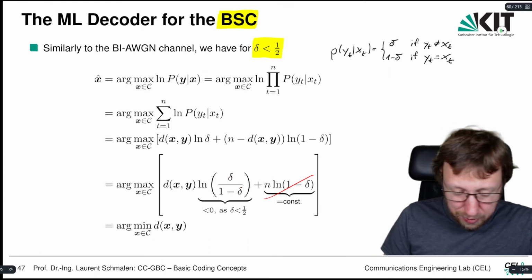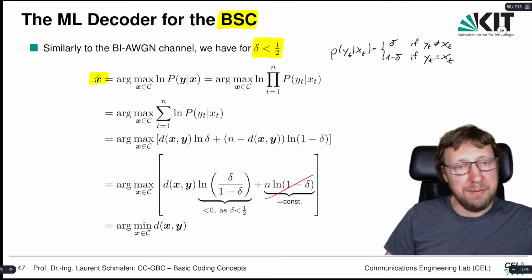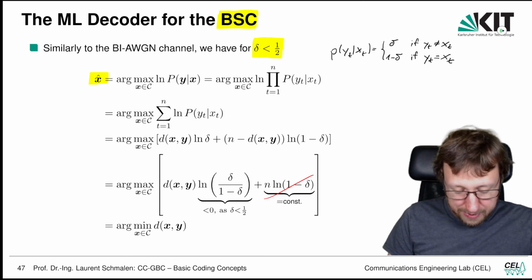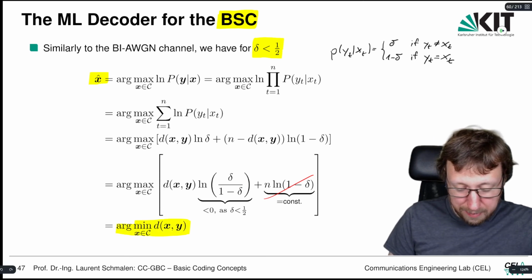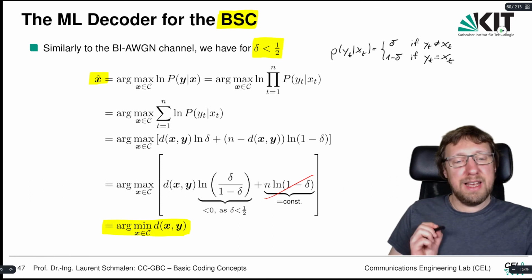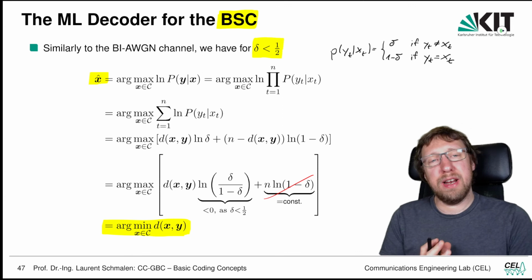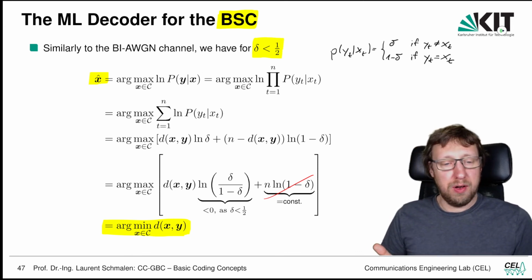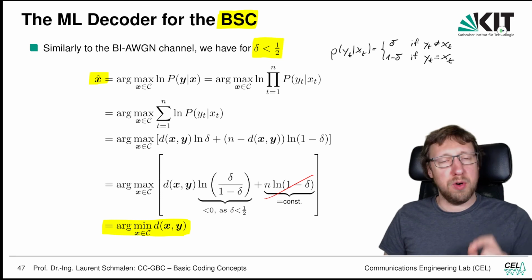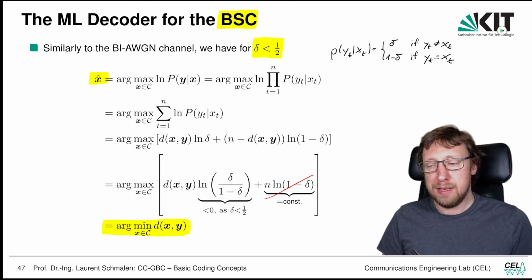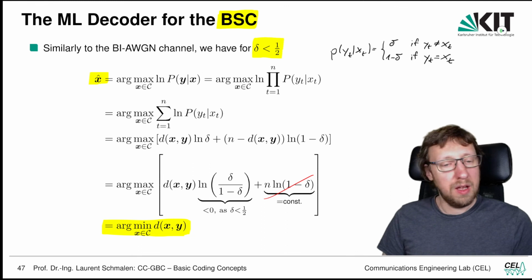So the maximum likelihood decoder for the binary symmetric channel is the code word that minimizes the Hamming distance to y. This is why the Hamming distance was such a crucial measure for classical codes, which were mostly designed for the binary symmetric channel. So very, very crucial measure.